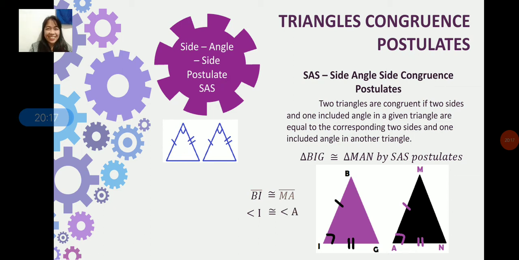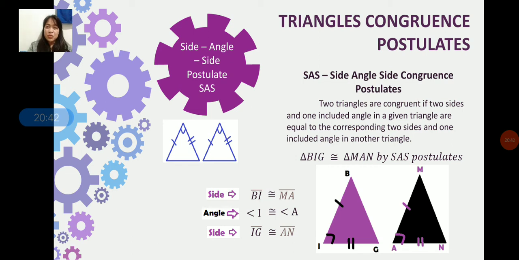Yes, it's angle A. And then we have IG congruent to AN. Now, see, that first statement refers to a side, and the second statement refers to the angle. The last statement refers to a side. So that is how side angle side is illustrated.